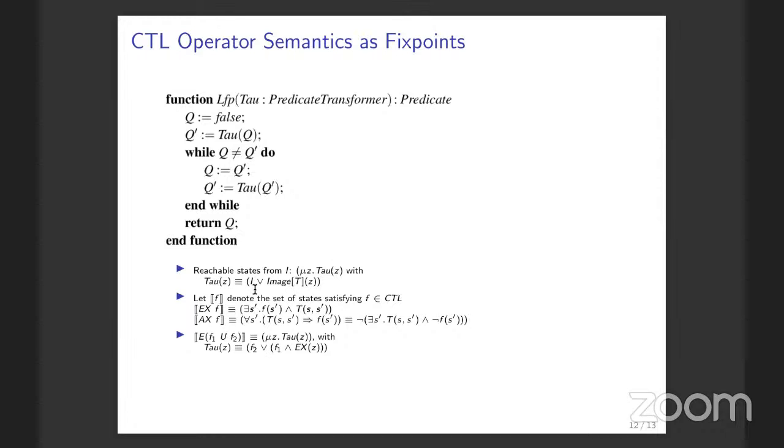So for example, the tau of Z to implement EU is exactly given here. This is defined as a formula. Now, I already have shown you how to construct EX of F, and each of these you should implement in terms of BDD operations.